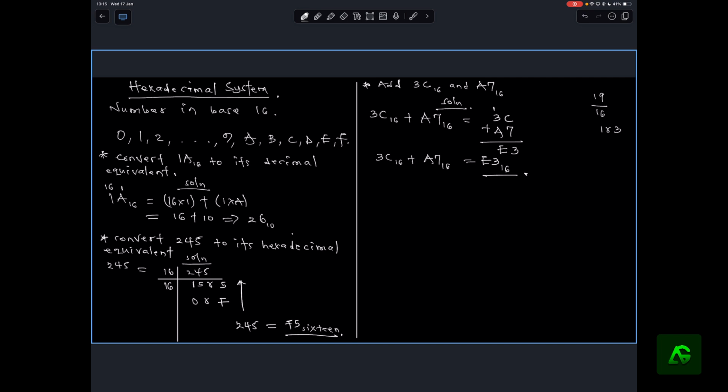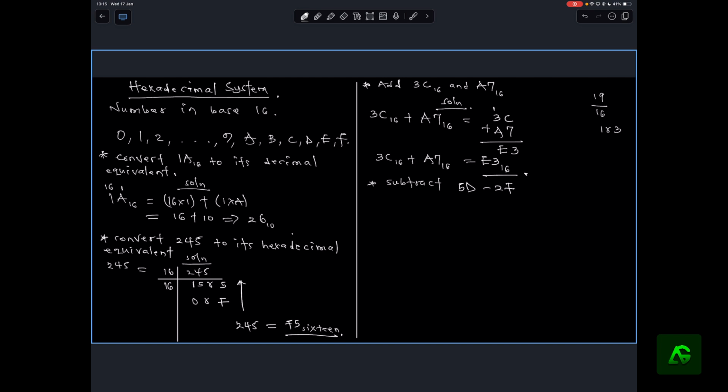So let us look at a question that involves subtraction. We are asked to subtract the hexadecimal number 2F from 5D, like this.